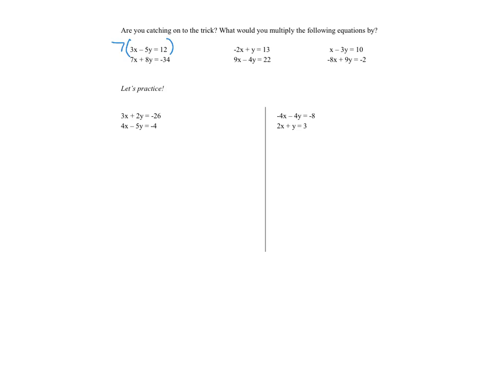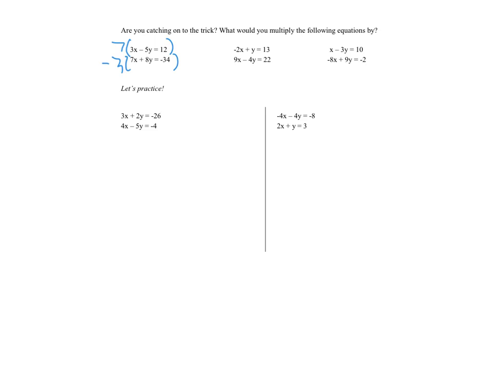And then, because 7 times 3 is 21, I would multiply the bottom equation by negative 3. And that will cancel out there. I chose a negative 3, that way they'd have opposite signs, because I'm going to have a 21x on top, and then I'll have a negative 21x on the bottom.